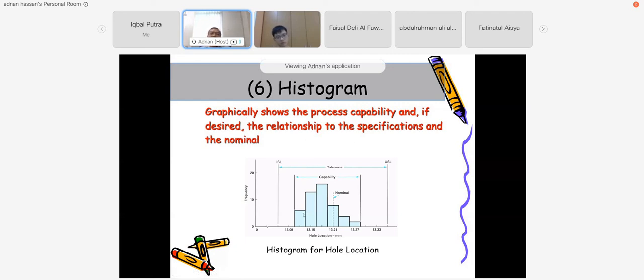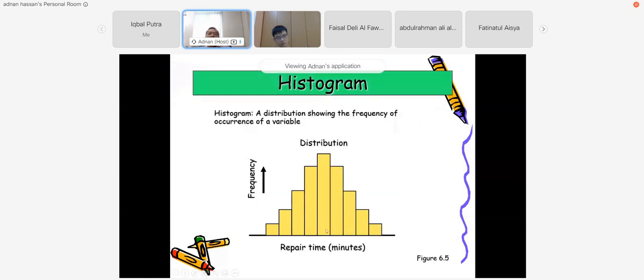Basically, it's a graphical display when we measure and see the variation. You can have this histogram showing the frequency. On the horizontal, it can be measured values, like repair time, service time, processing time, or height. Histogram showing the distribution.